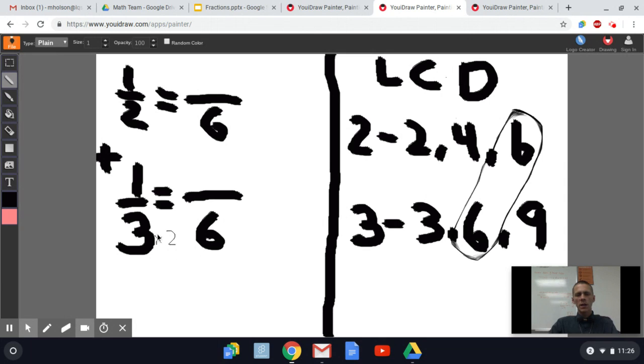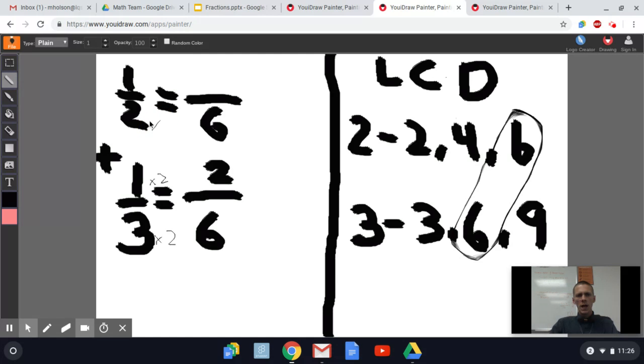Now, in fractions, if you're finding the common denominator, whatever you do to the bottom, you do the same thing to the top. If we multiply the bottom by 2, we want to multiply the top by 2. So 1 times 2 is 2, so we'll plug that in here. Next, we'll go to the other fraction and do the same thing.